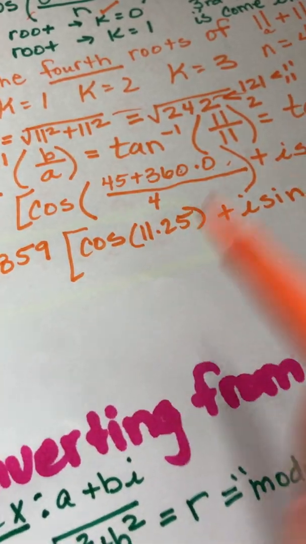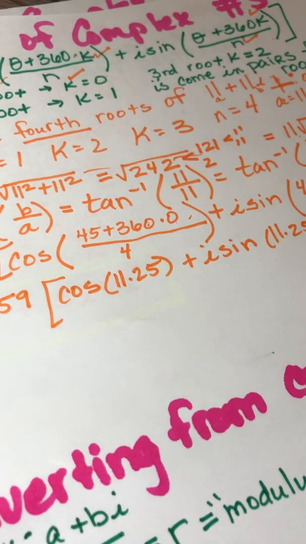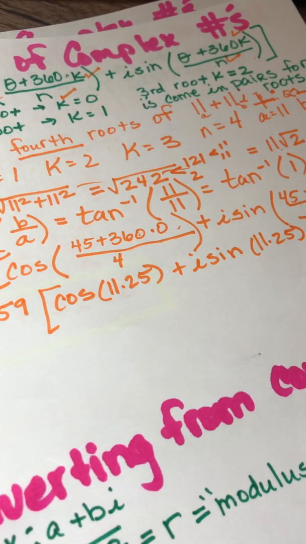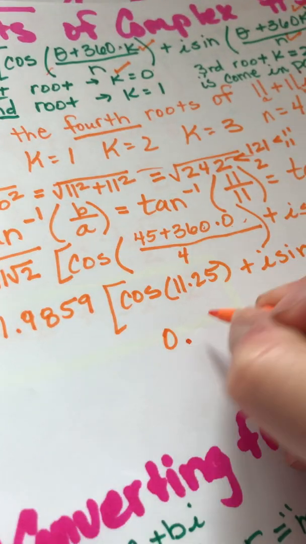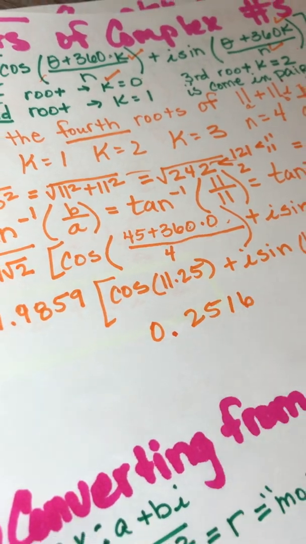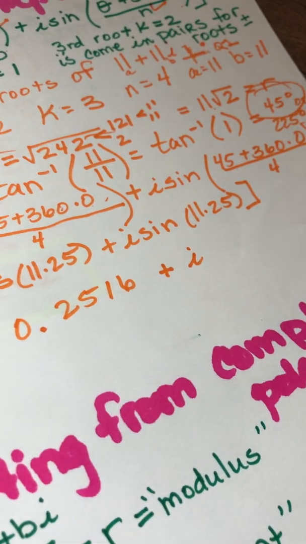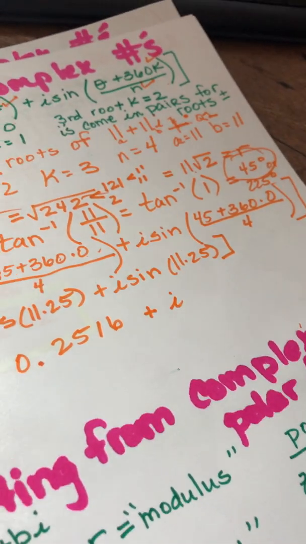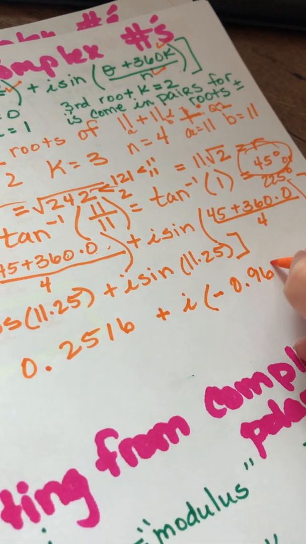Okay, now we're going to figure out what cosine 11.25 and sine 11.25 is. So let me type it in. Cosine 11.25 is 0.2516. 0.2516 plus i, and then sine of 11.25 is, let me type it in, awkward, negative 0.9678.